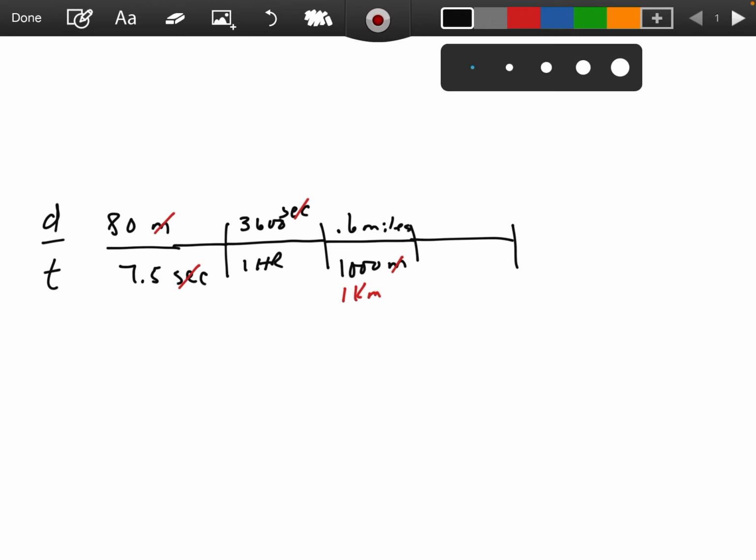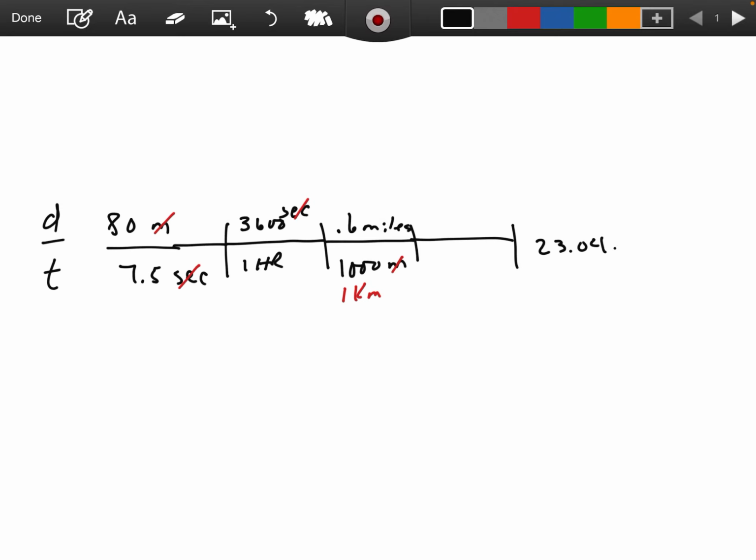So that's going to give you 80 times 3,600 times 0.6 equals that, and we're going to divide that by parentheses 7.5 times 1,000 parentheses, and that's 23.04 miles per hour.